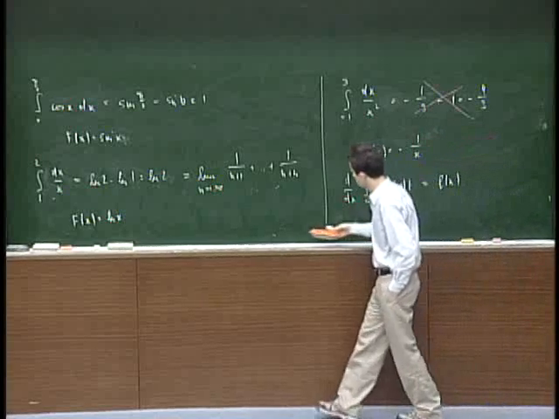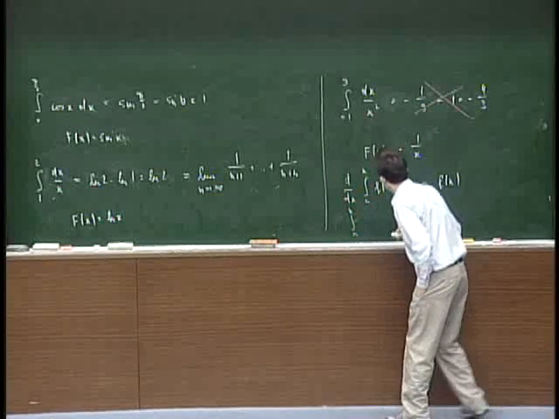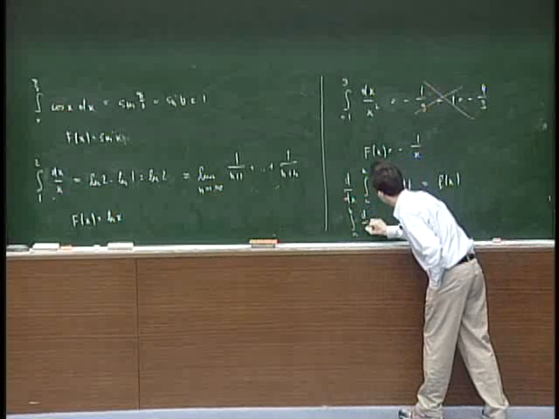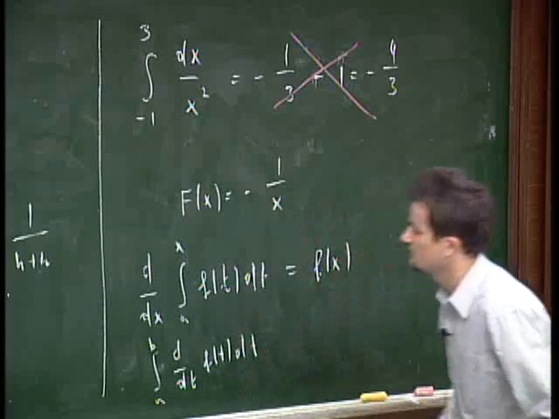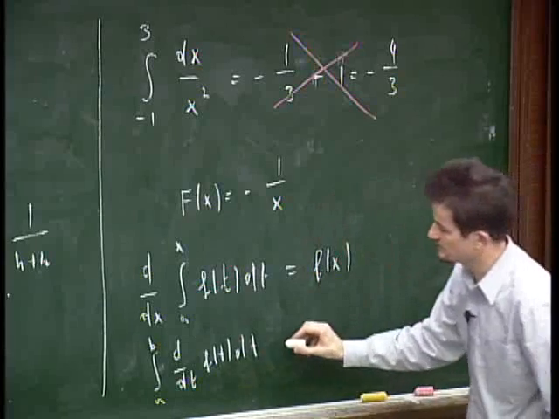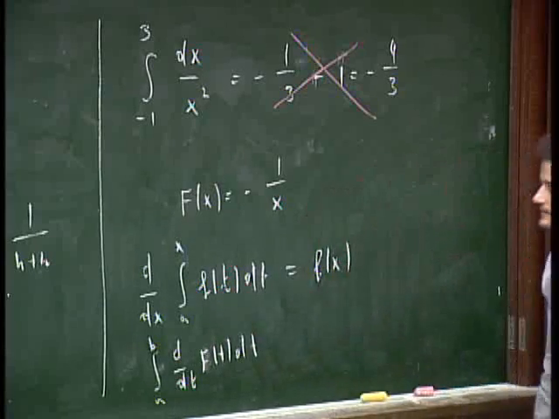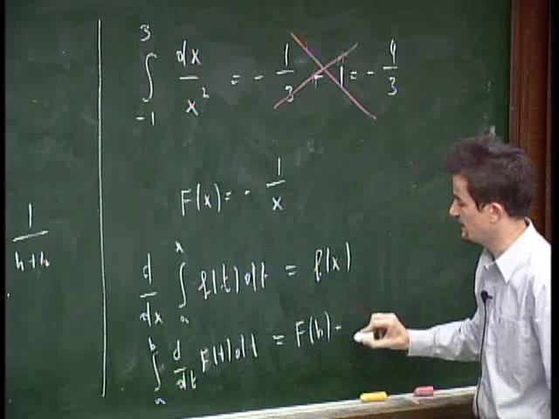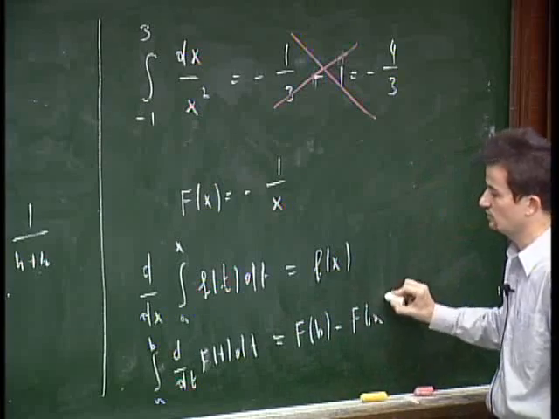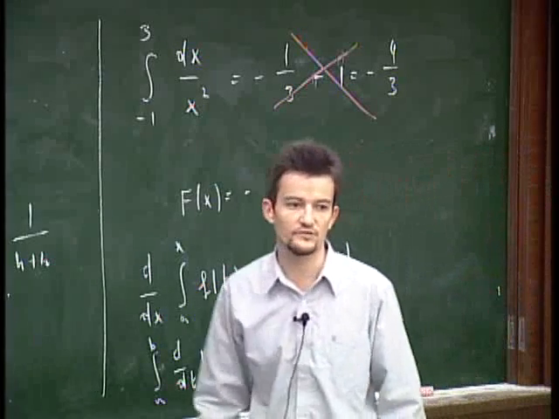And the second part tells you if you first compute the derivative of some function, call it f, and then you compute the integral, then you are again back to the original function. So in this sense, integration and differentiation are inverse processes.